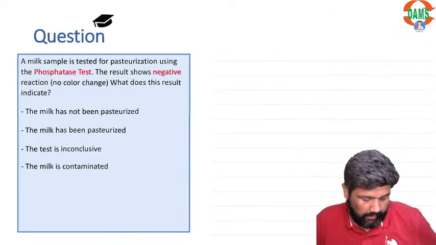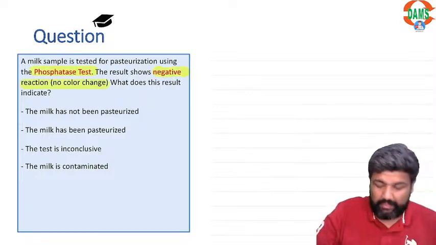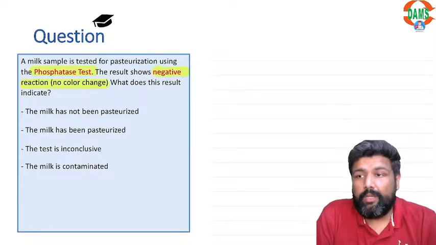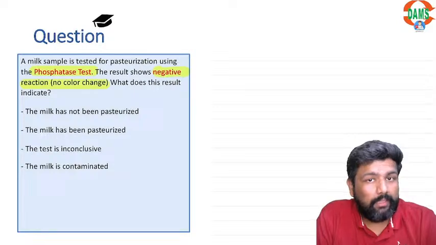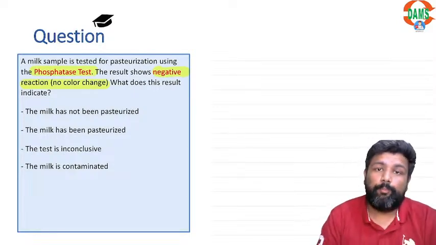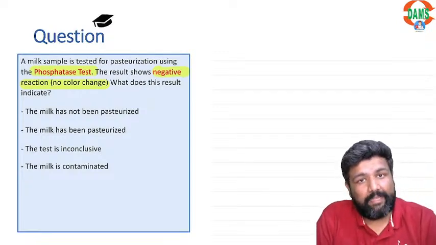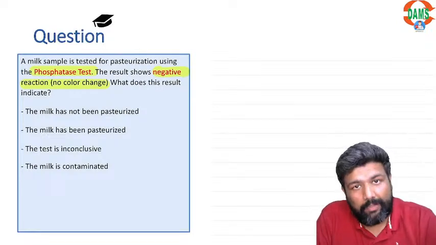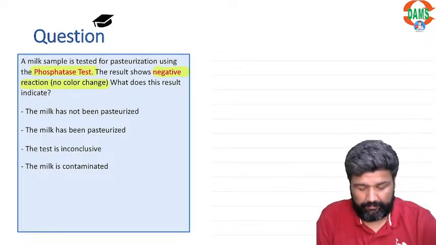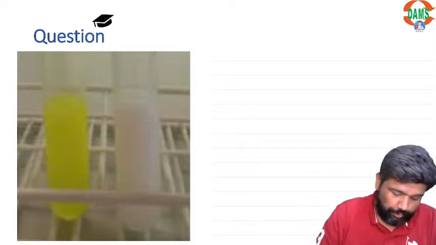Now, guys, this question caused confusion to many. Let me explain the concept. There is one enzyme in raw milk: phosphatase. When you boil or pasteurize the milk, it is destroyed. So the phosphatase test is positive in raw milk and negative in pasteurized milk. I have slides to show you.